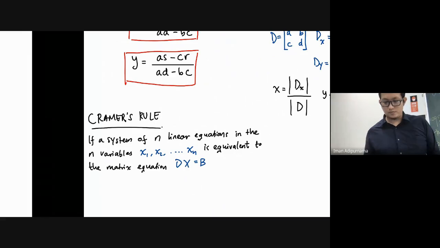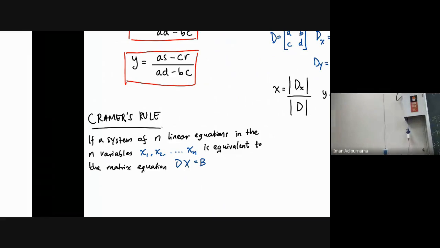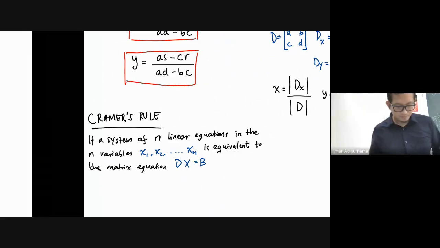Okay, this is basically what we did: the a, b, c, d, and then the r, s is from here.